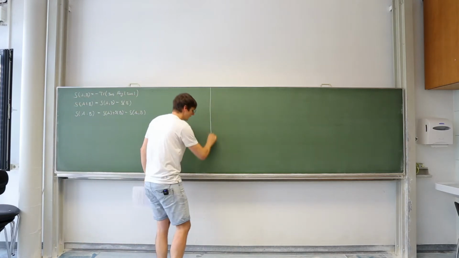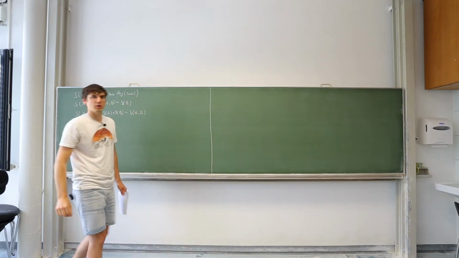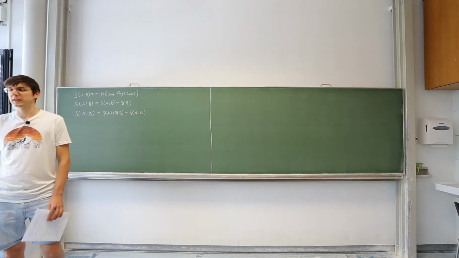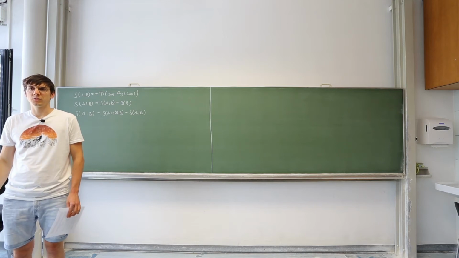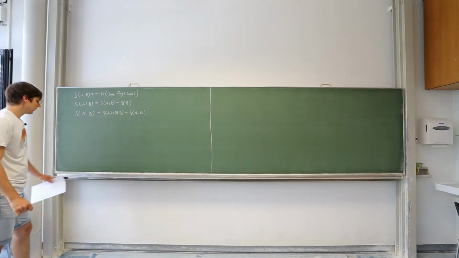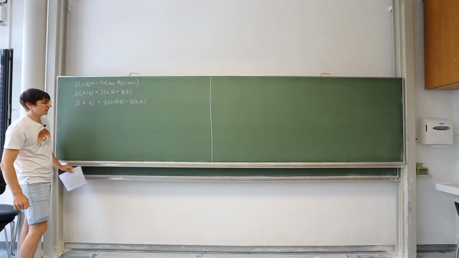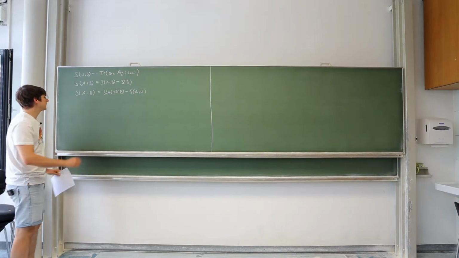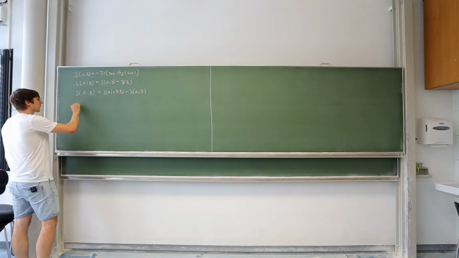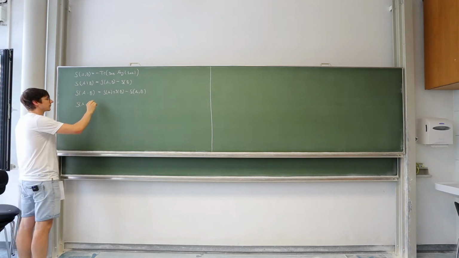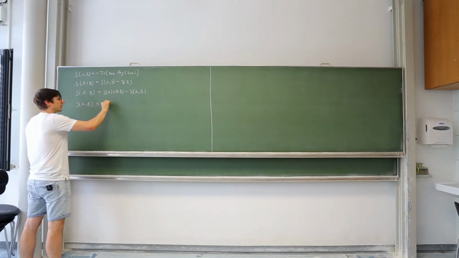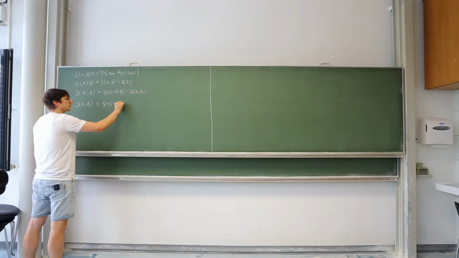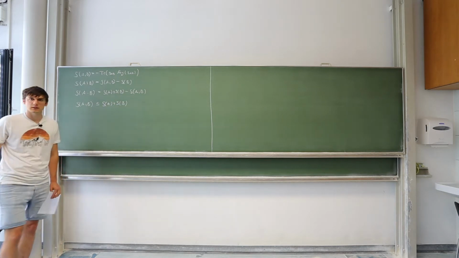And then we also discussed some properties of the von Neumann entropy. For example, that it's increasing under projective measurements, or we discussed the subadditivity, which was that S of AB, so the joint entropy, is smaller or equal to the entropy of A plus the entropy of B, right?